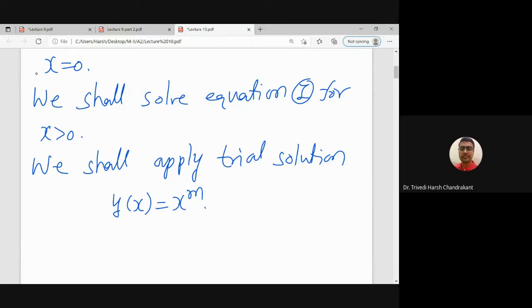So we shall find the derivatives. y dash is m x power m minus 1. y double dash will be m into m minus 1 times x power m minus 2.